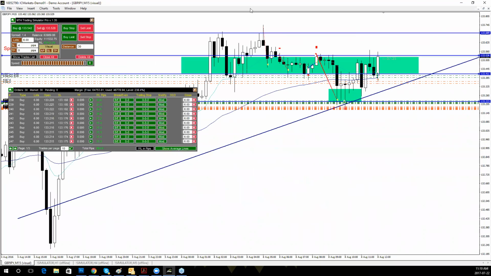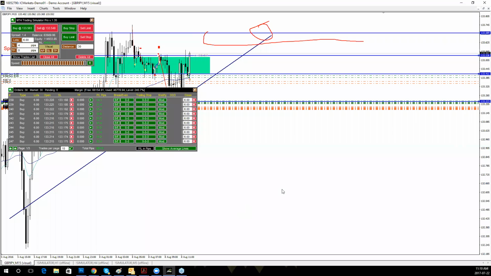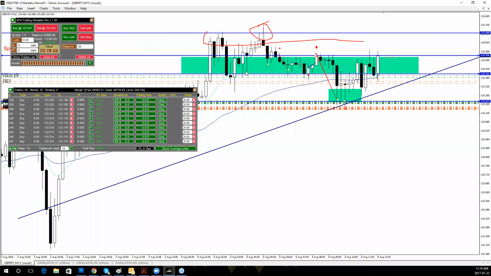Yeah. So now, see, at this point, I'm watching this area here. This is what I'm watching. Oh fuck, it's gone. But whatever. Okay, yeah, this area. Yeah, like I'm watching this area here, right?